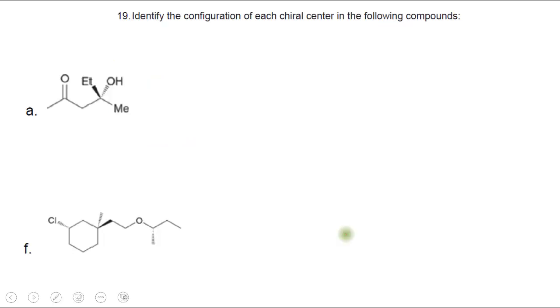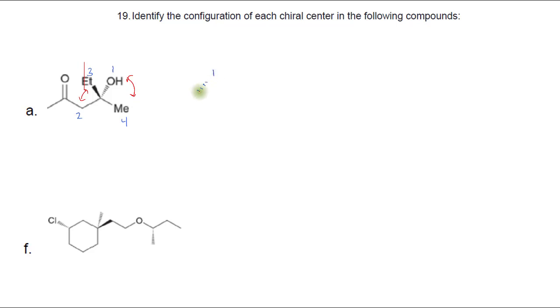Here we're looking to identify the configuration of each chiral center. I have one chiral center here. My number 1 group is the alcohol. 2 is the carbon to another carbon. This is 2. This is 3. This is 4. My methyl group is 4, and it's in the plane, which means that I need to flip it. So I'm going to flip 4 with 1 because that's dashed, and I need it to be in the dashed position, so I'll redraw this. What you can do is just draw the numbers.